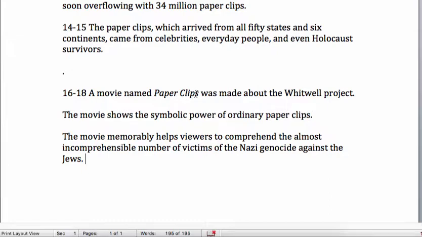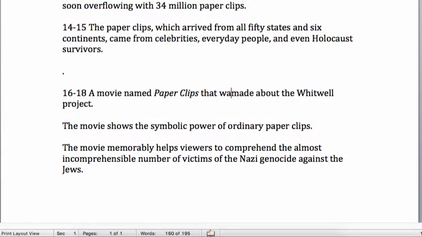I would say the movie named Paper Clips was made about the Whitewell Project. And I would just go, I get rid of the made and put that was made.